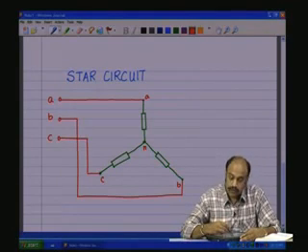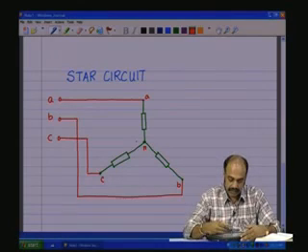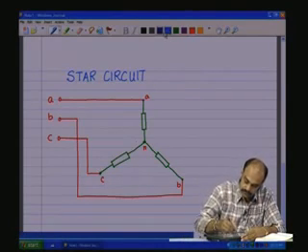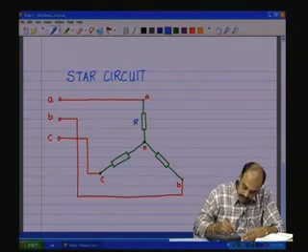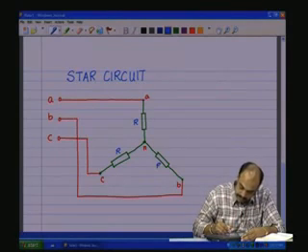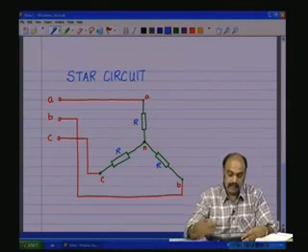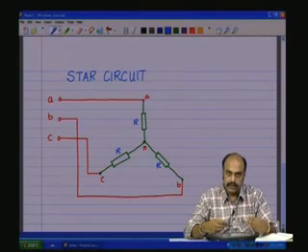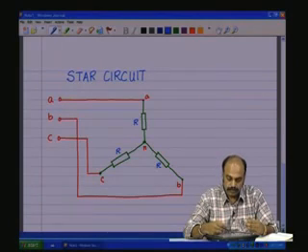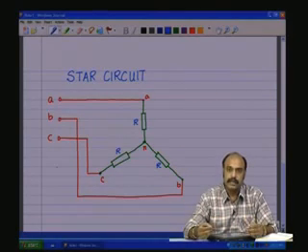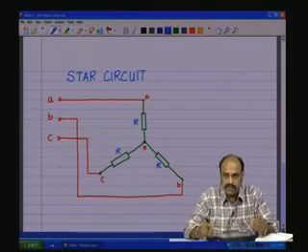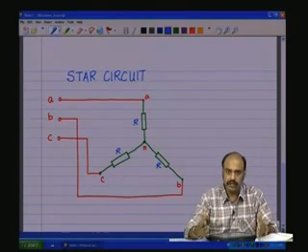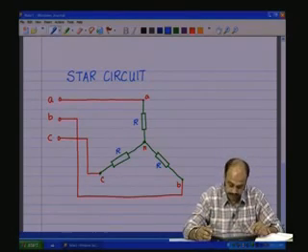Now, we saw that the neutral is not brought out because in a balanced 3-phase load, meaning where all the 3 loads are equal and same, the instantaneous current we saw in the last class, that is the sum of I A plus I B plus I C, which flows through the neutral wire to complete the circuit, that is the 4th wire, is always equal to 0, and therefore, we can effectively remove the 4th wire, that is the neutral wire.